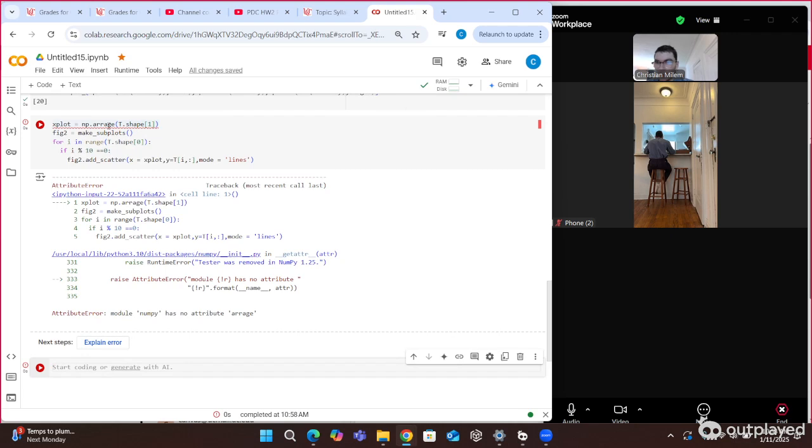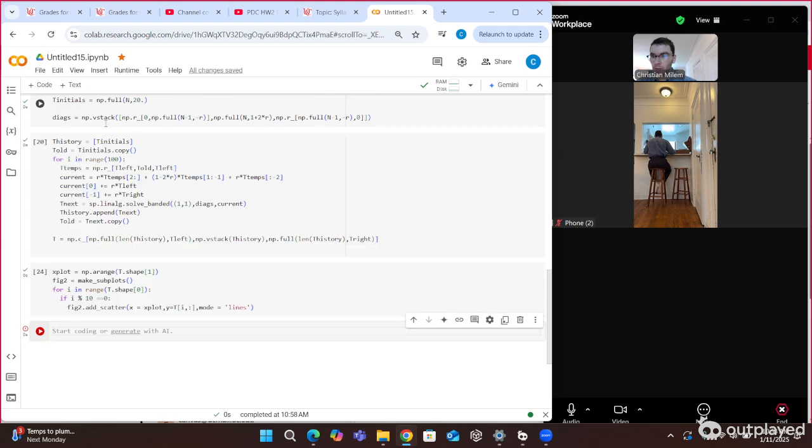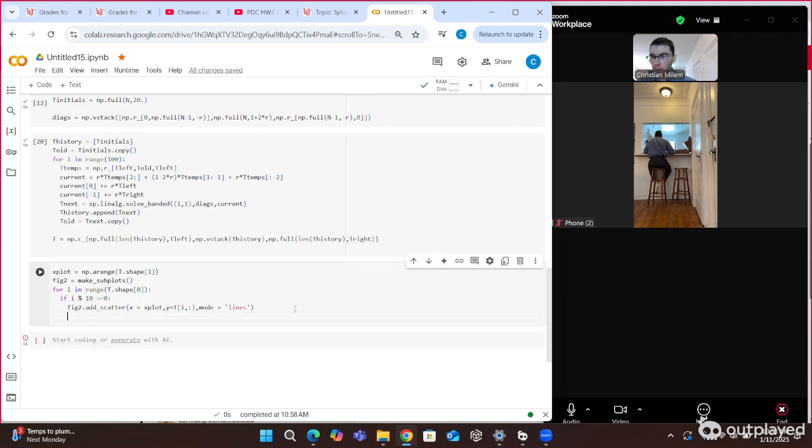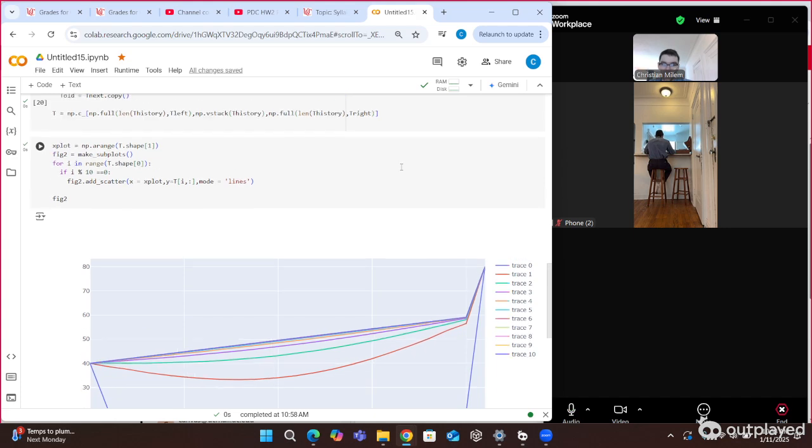There's no arrange. Someday I'll get it right. We need our fig 2. Here we go.